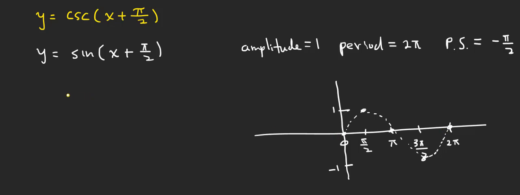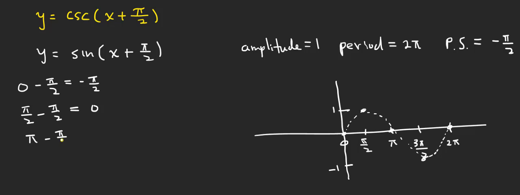So in order to do that, we need to do 0 minus pi over 2, which is going to be negative pi over 2, and pi over 2 minus pi over 2, which is 0, pi minus pi over 2, that's pi over 2. 3 pi over 2 minus pi over 2, that's pi. And then 2 pi minus pi over 2, which is 3 pi over 2.